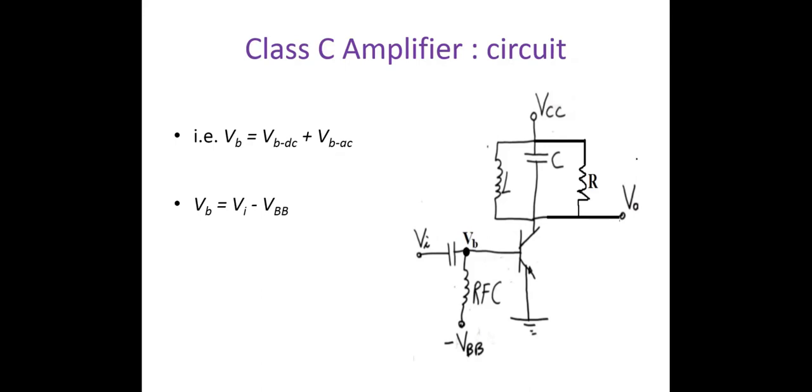So now VB is the sum of VBDC and VBAC, and this gives us VB equal to Vi minus VBB, which is what we claimed earlier about VB.